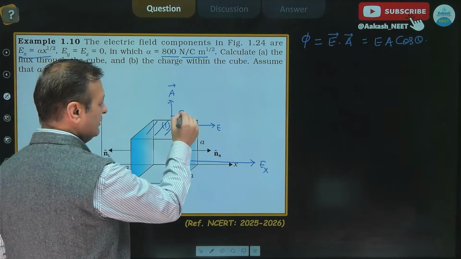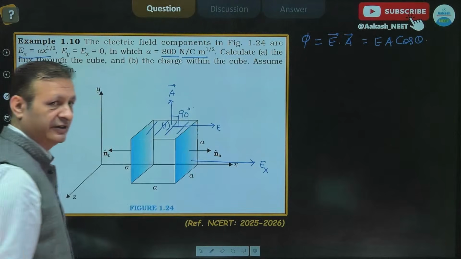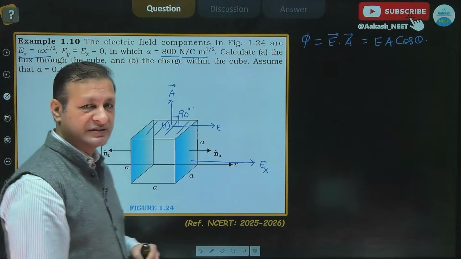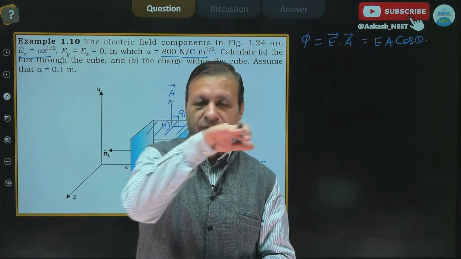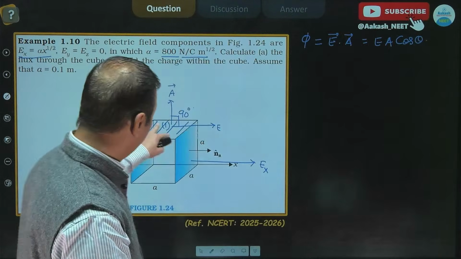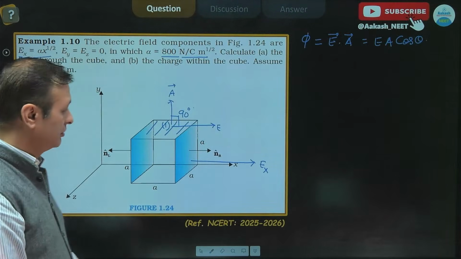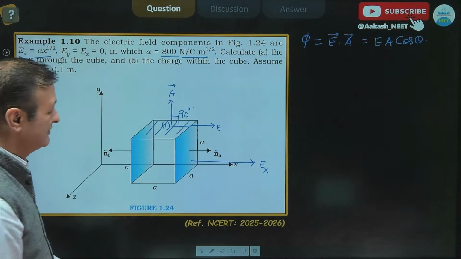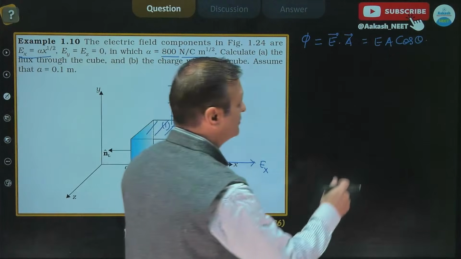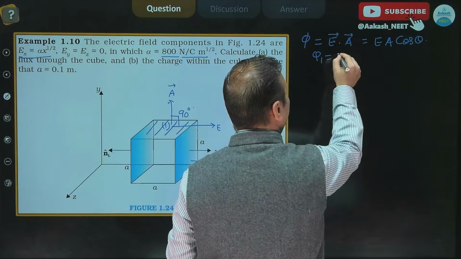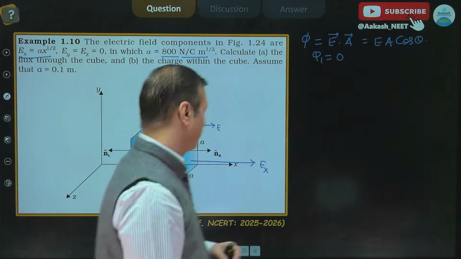As you can see, this is 90 degrees. So the flux through the first face, that is the flat surface on the top of this cube configuration, would be 0, because cos 90 is 0.